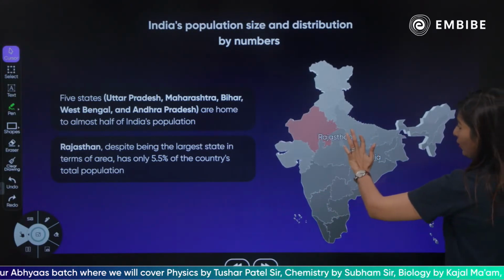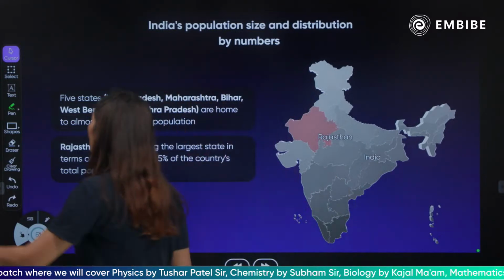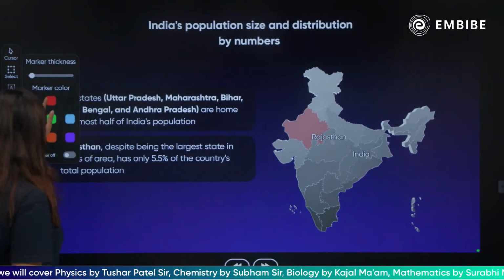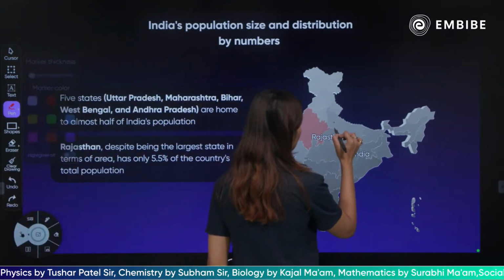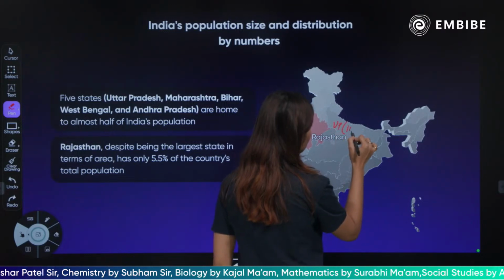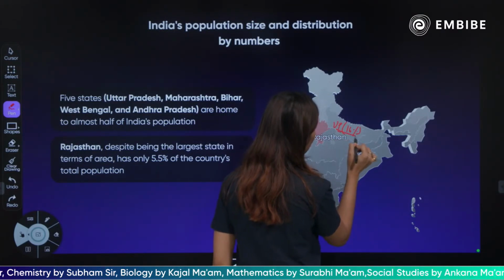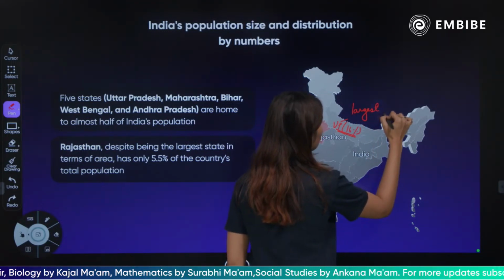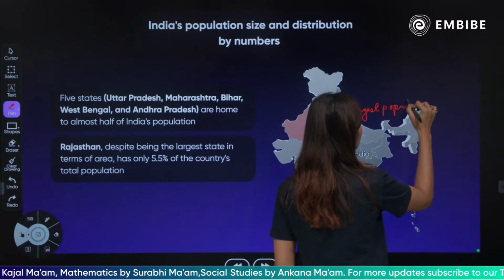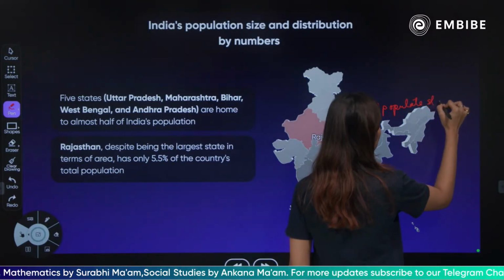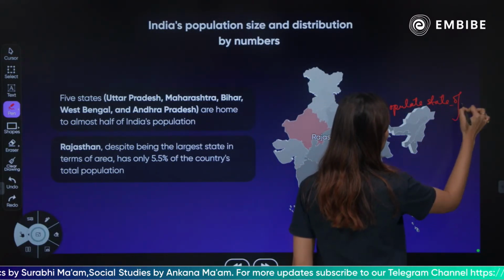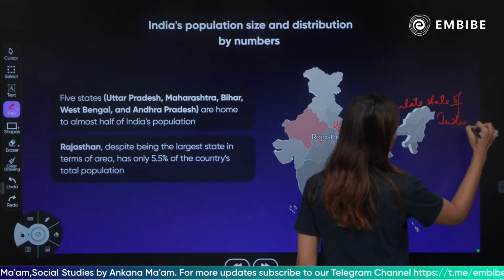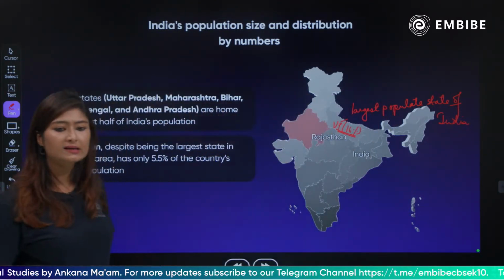But this place alone, UP alone, has 16% of the population staying in here, and is in fact the largest populated state of India.